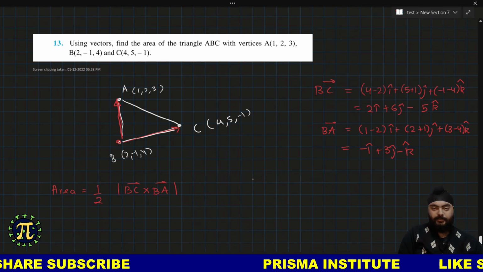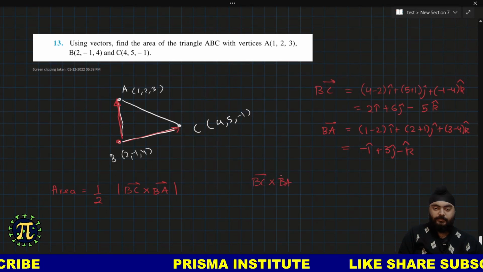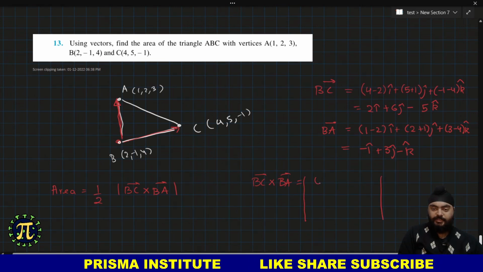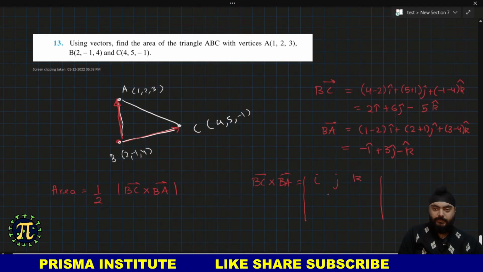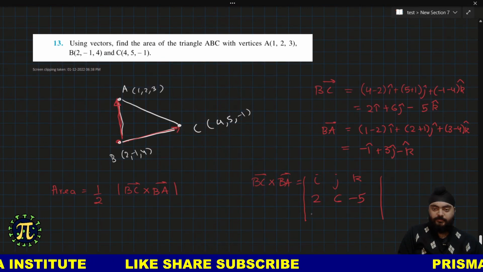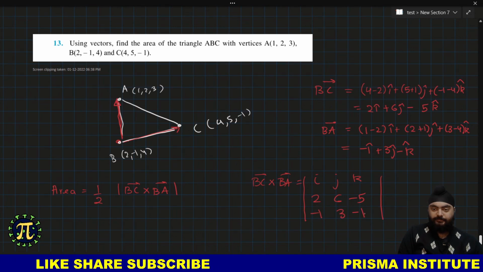So now we can find the cross product BC cross BA, which is defined as the determinant of i j k. Coefficients of BC 2, 6 and minus 5, coefficients of BA minus 1, 3 and minus 1.